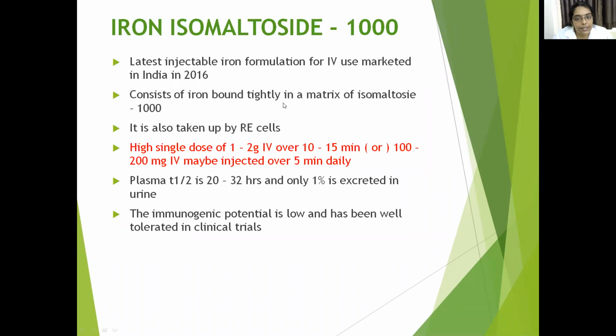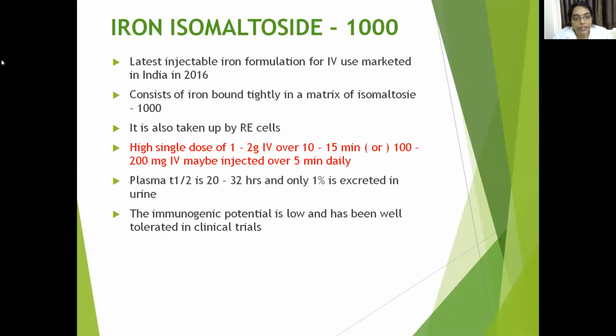Since it is tightly bound in a matrix, a high single dose of 1 to 2 gram IV can be administered over 10 to 15 minutes, or 100 to 200 mg IV may be injected over 5 minutes daily. Plasma half-life is 20 to 32 hours and only 1% is excreted in the urine. Immunogenic potential is low and it has been well tolerated in clinical trials.